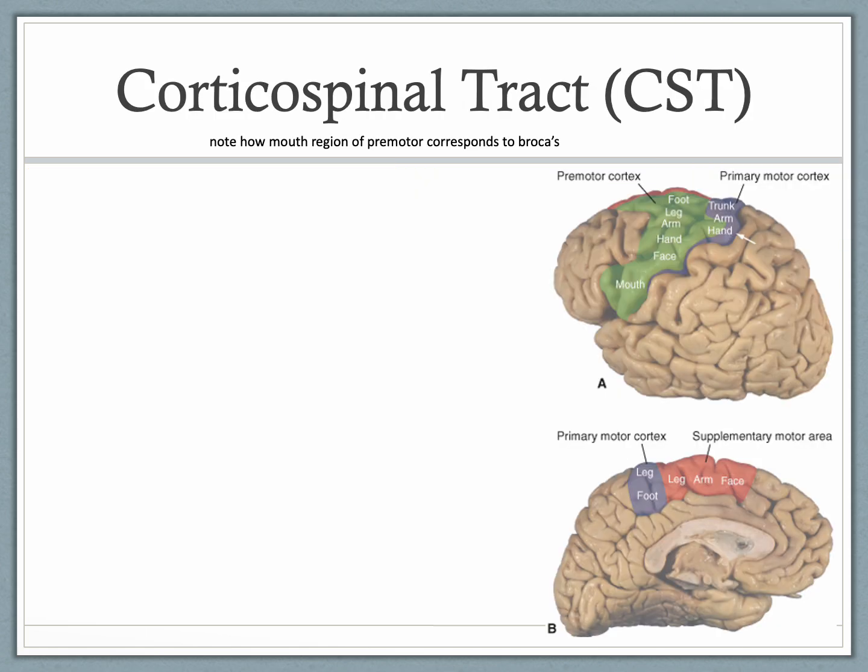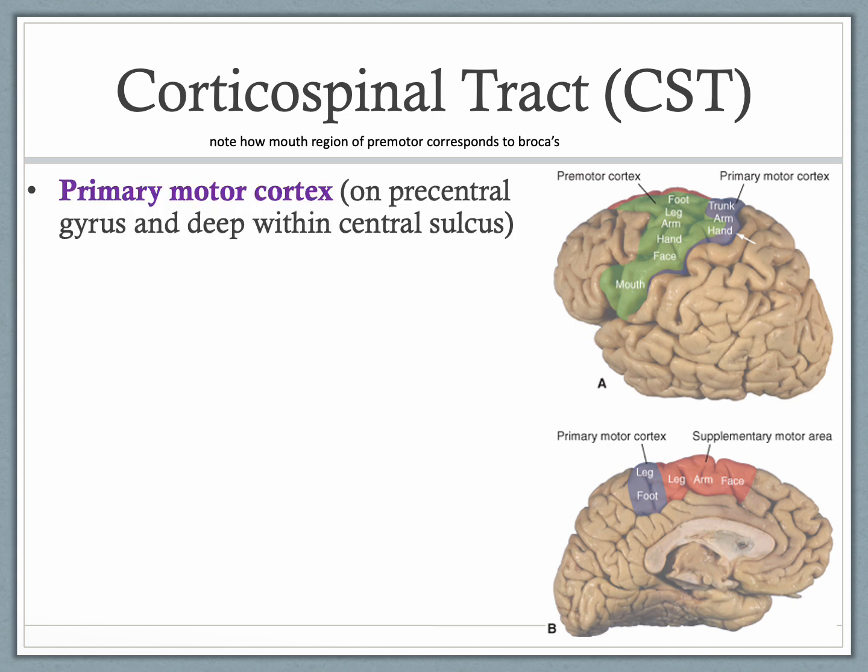So here we have the corticospinal tract. Note how much of the mouth region of the premotor corresponds to Broca's. Primary motor cortex is on the precentral gyrus and deep within the central sulcus.